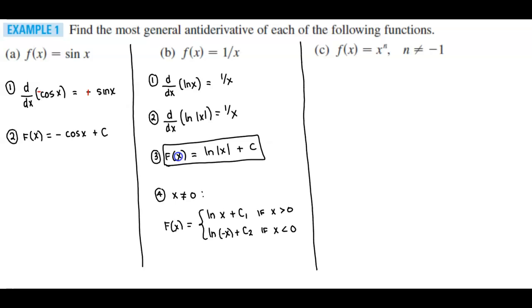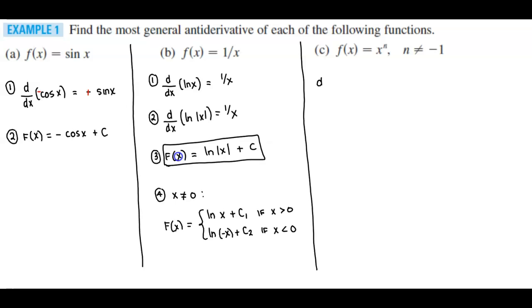Okay, let's take a look at part C. It says f of x is equal to x to the power of n, where n cannot equal negative 1. So what we want to do is use the power rule to discover an antiderivative of x to the nth power.